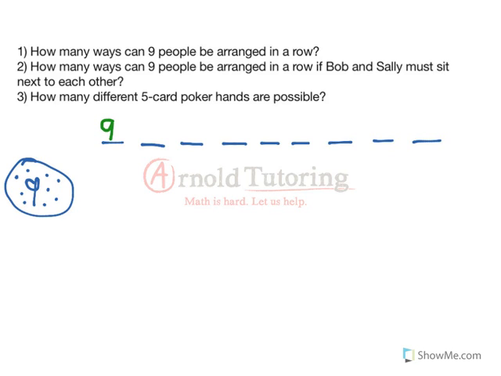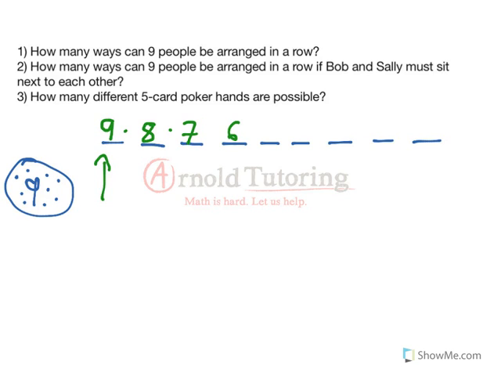How many ways can I fill the second spot? 8 people. The third? 7 people. 6, and it keeps going down by 1 because you're taking one more person out and filling it there. So putting a 9 here represents the number of ways we can fill that first spot. Even though there's only going to be one person there, it can be any one of those 9, so that counts for 9 different arrangements.